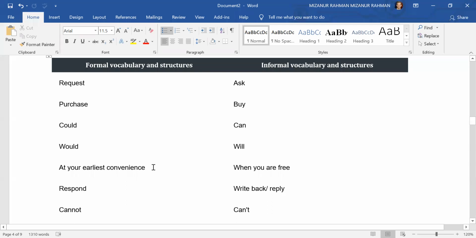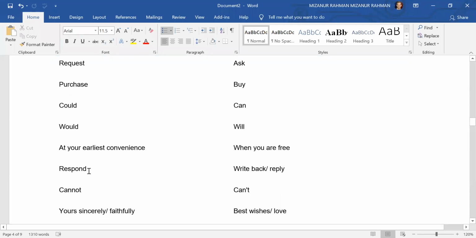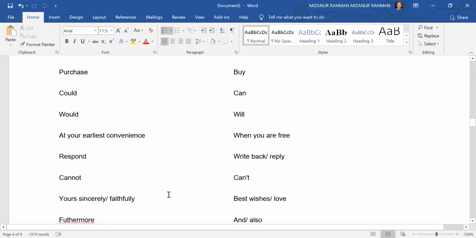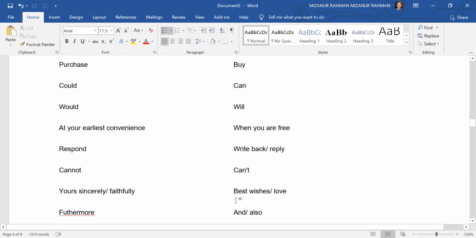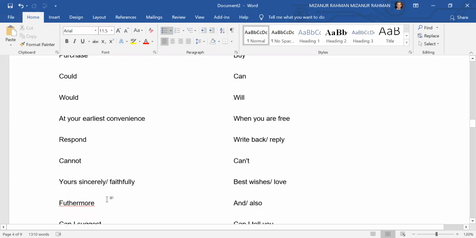Look, you must remember this when you're writing formal or informal. Now respond, write back, reply. So you can say, please respond once you are free, and now please reply or write back. Write back is informal. Cannot, can't. Yours sincerely or faithfully, best wishes or love.